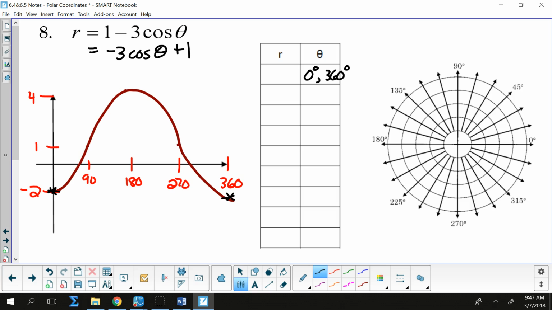Negative 2. Put that point on a polar graph. Here is 0 and 360, and our value of negative 2 is right there.